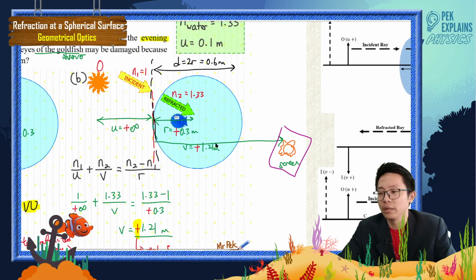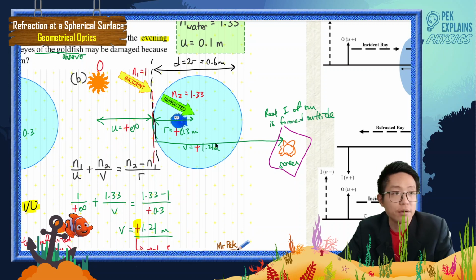So the image is formed, what did I say? The real image of the sun is formed outside the fishbowl.